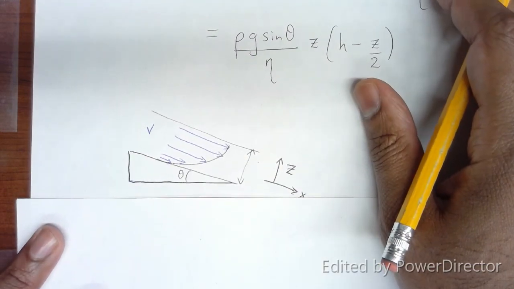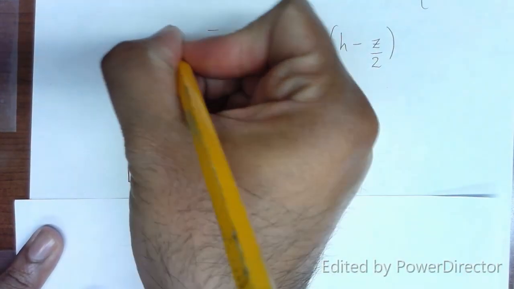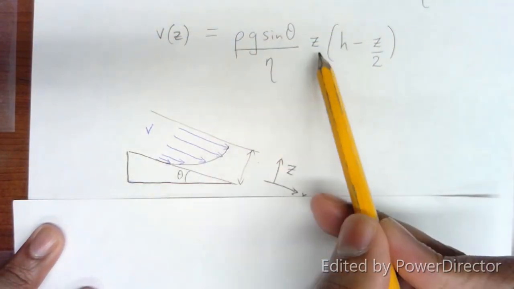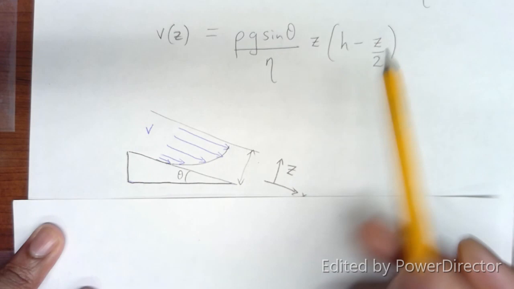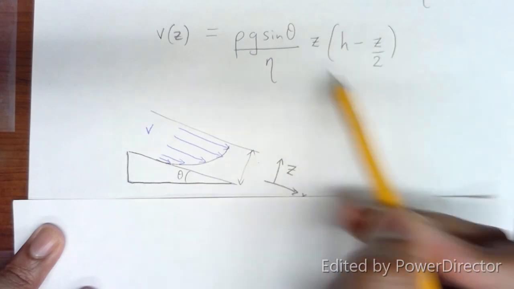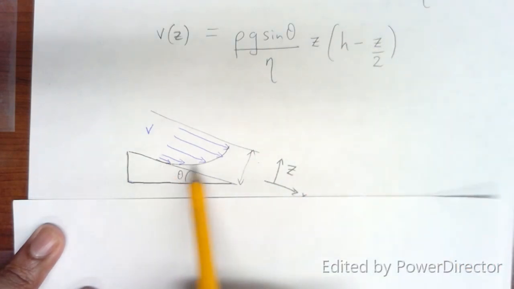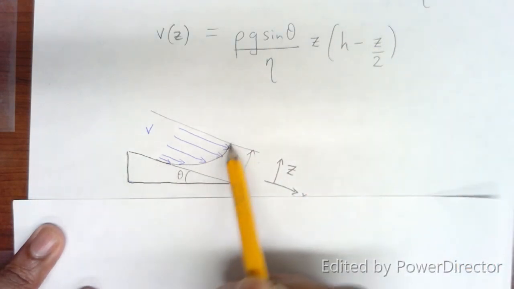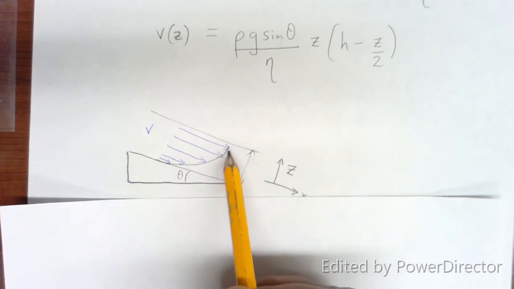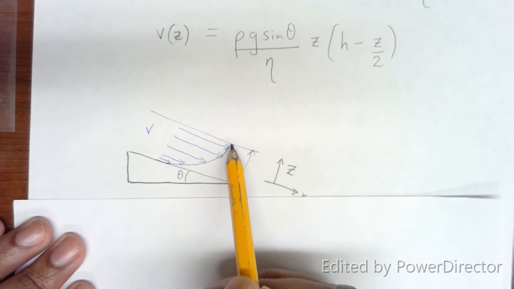So if we look at what our velocity function looks like, what we see is that at z equals 0, this will go to 0. So yes, the velocity is 0 at the bottom. And well, this is a quadratic function of z. So it's a parabola. The velocity profile is a parabola. It gets faster and faster as it gets to the top of the river, but it reaches exactly the midpoint of the parabola at the top.